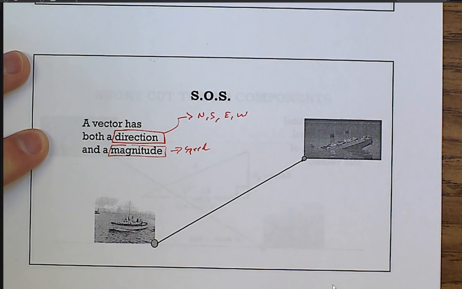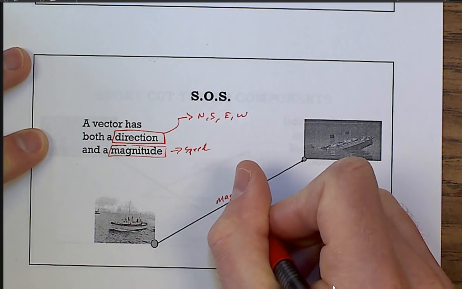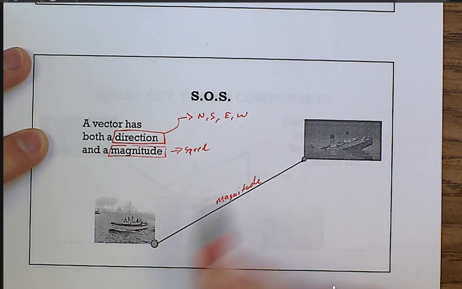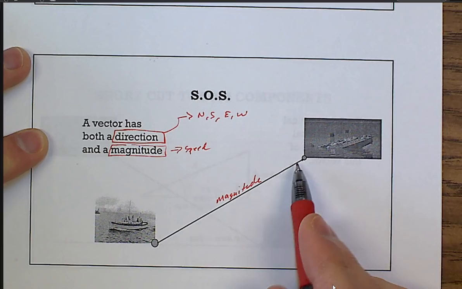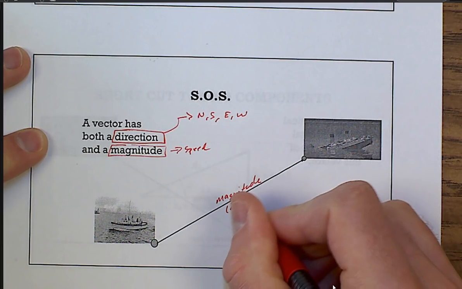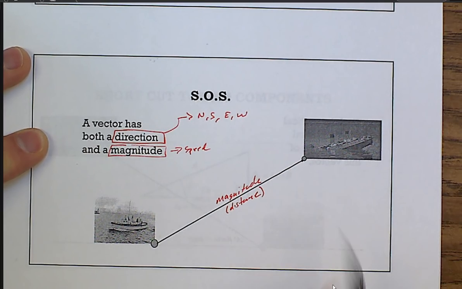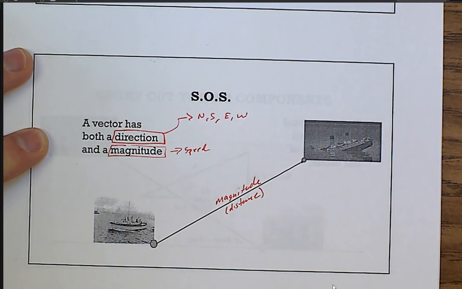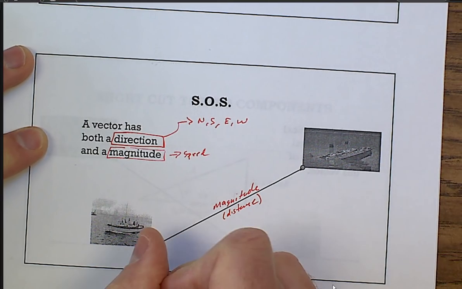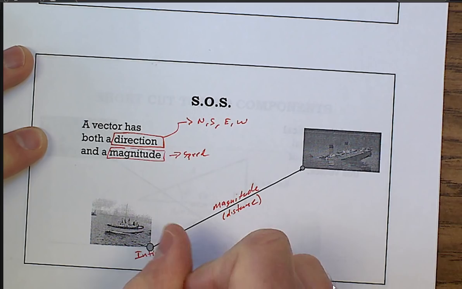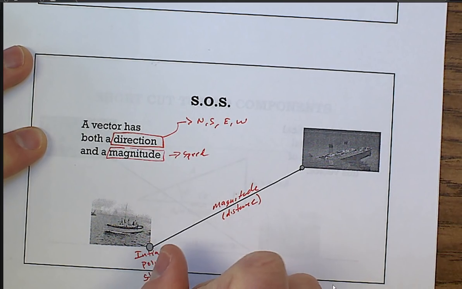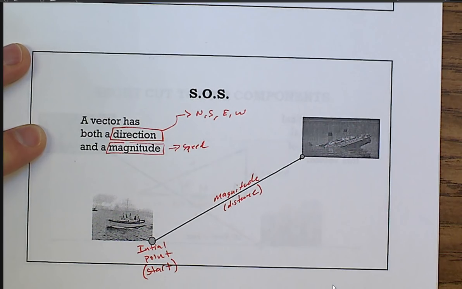Your magnitude is usually this distance from basically point A to point B. You have what's called an initial point, and the initial point is essentially where you start, and a lot of times that's the origin.